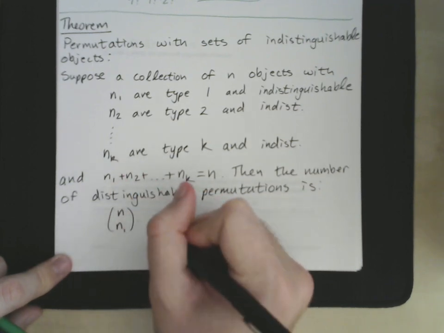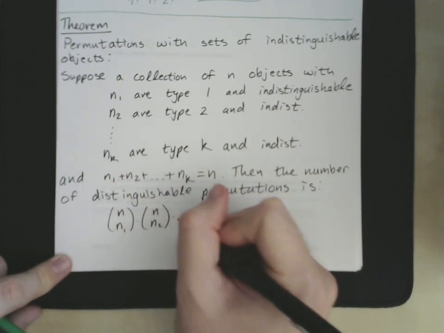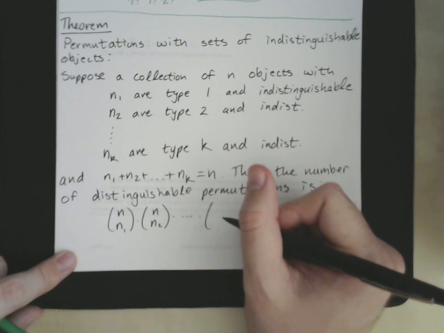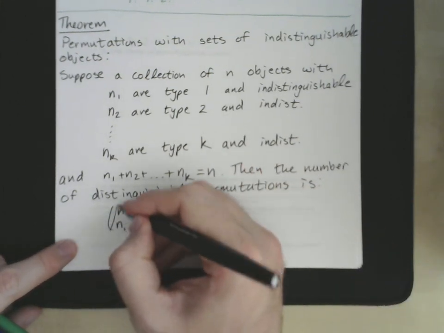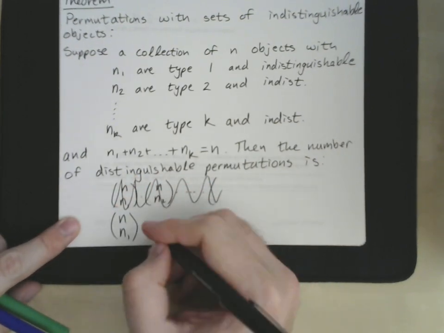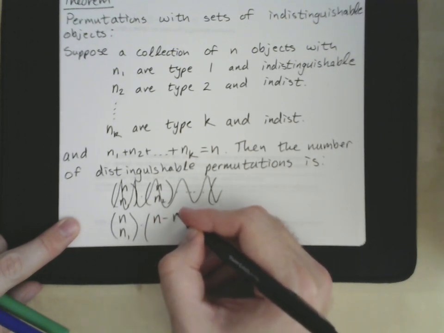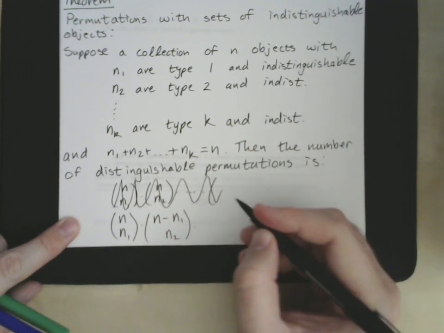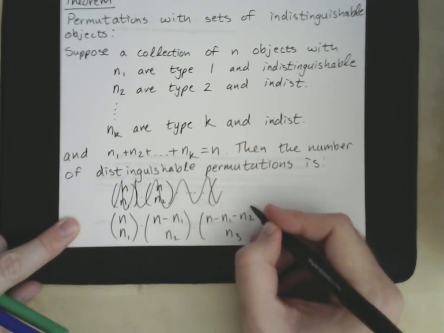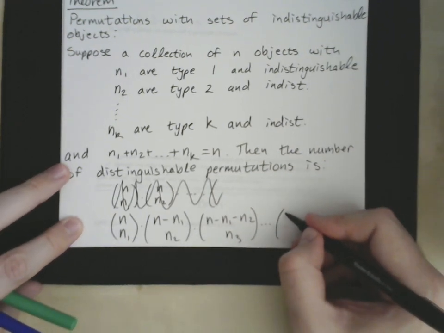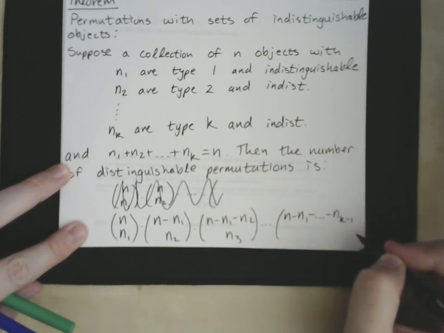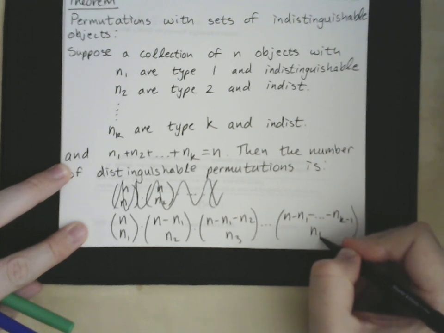n choose n1 times n choose n2 times ... Oh, scratch that. It's n choose n1, and then we lose some of the choices, so it's n minus n1 choose n2, and then it's n minus n1 minus n2 choose n3, and this continues on all the way to n minus n1 minus ... minus n sub k minus 1 choose n sub k.